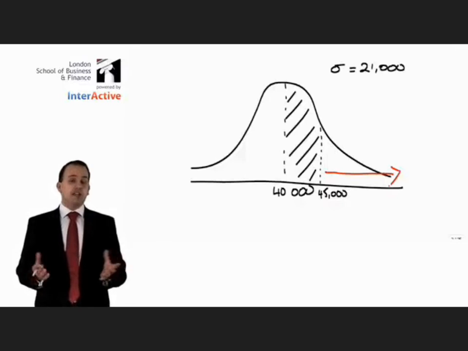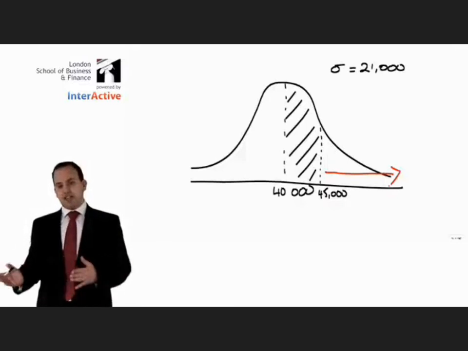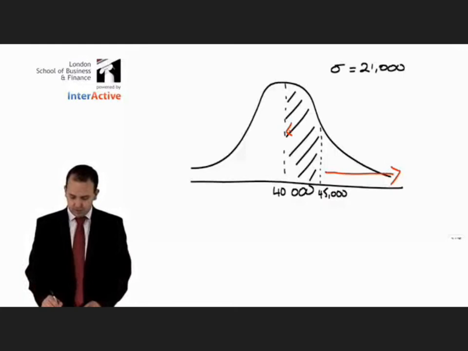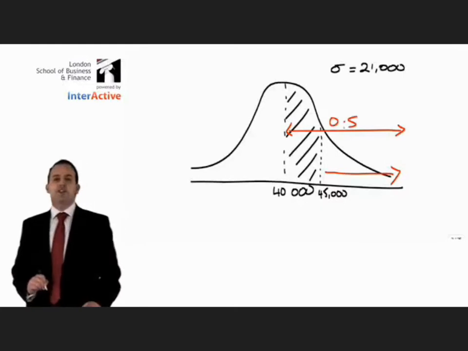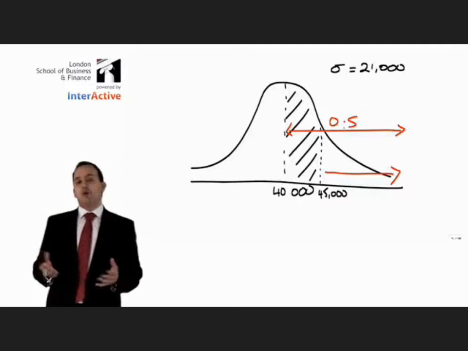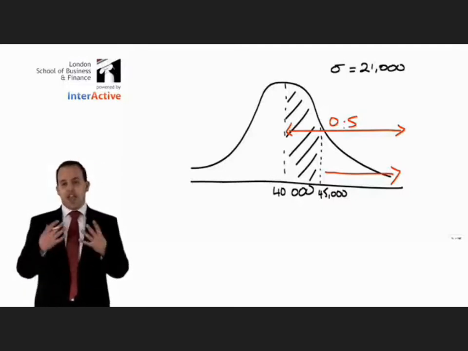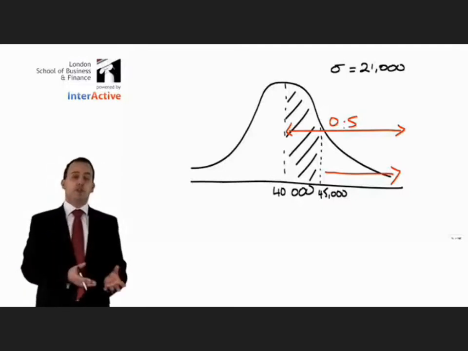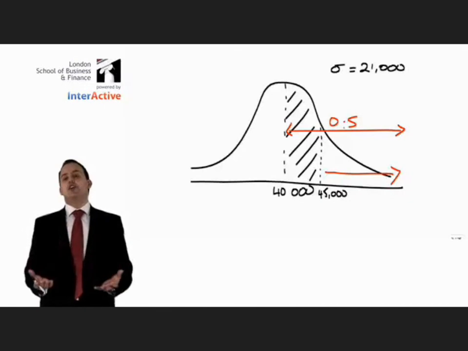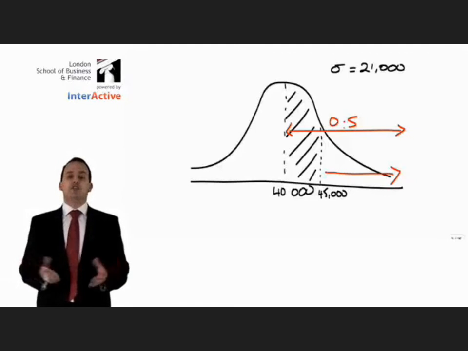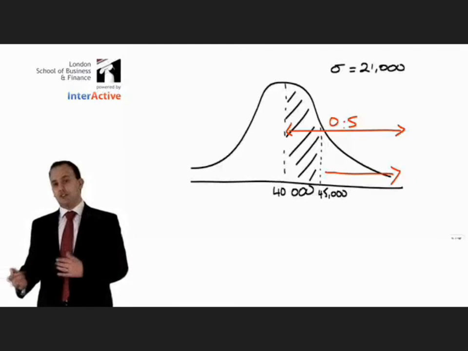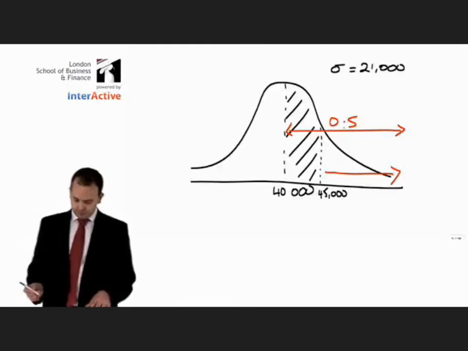But keep in mind that everything to the right-hand side of the mean has a probability of 50%. Therefore, if we take the area that is shaded, which is given to us by the table, deduct that from the probability of 0.5, then we will end up with a probability that we're going to be greater than 45,000.